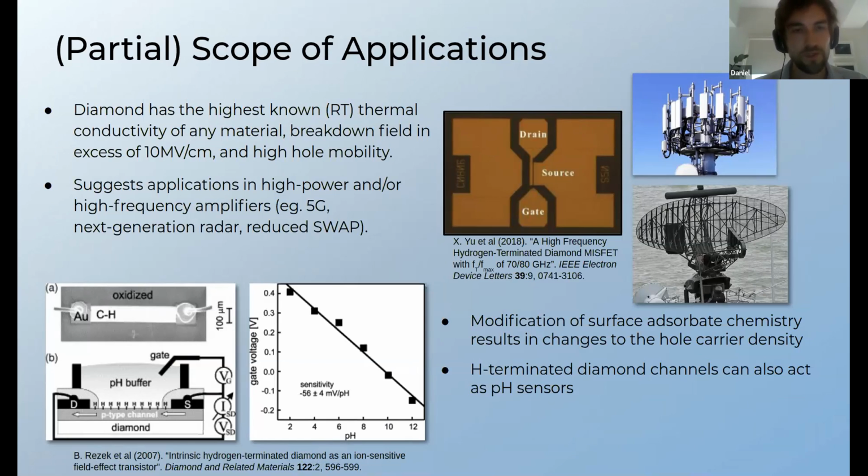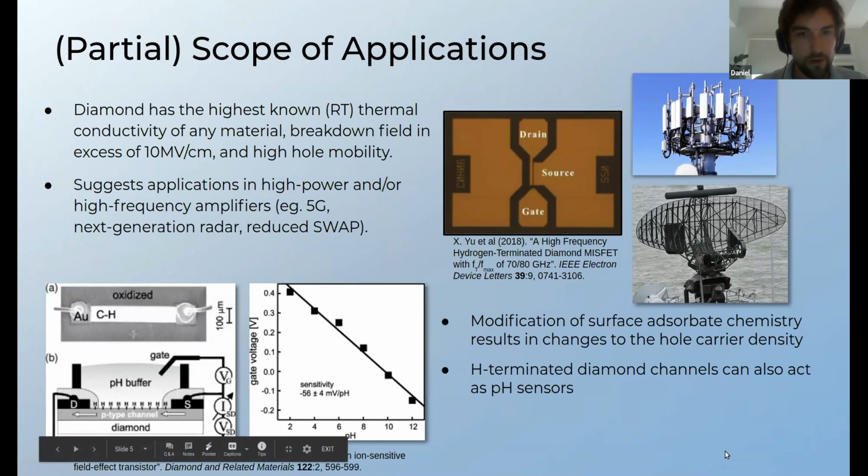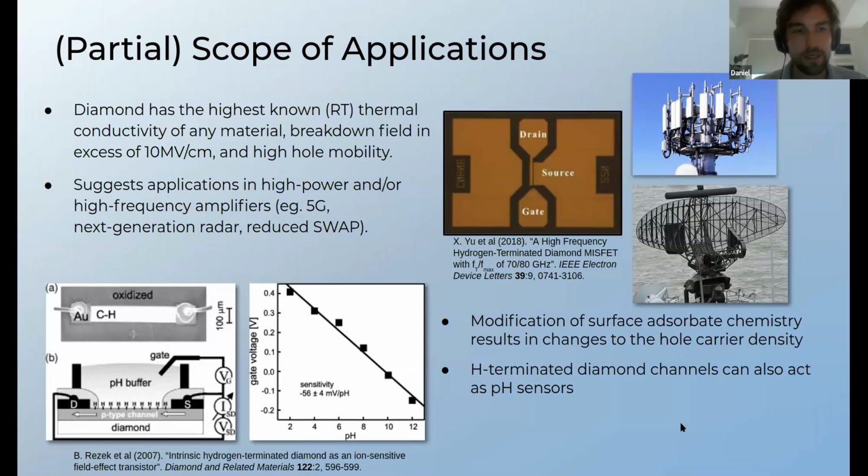So, for instance, output stages on 5G or radar systems operating above 50 gigahertz. In addition, it's been found that by modifying the surface adsorbent chemistry, you can change the hole carrier density, which makes intuitive sense. And this has been used to demonstrate very effective pH sensors, based on more along the lines of my research.